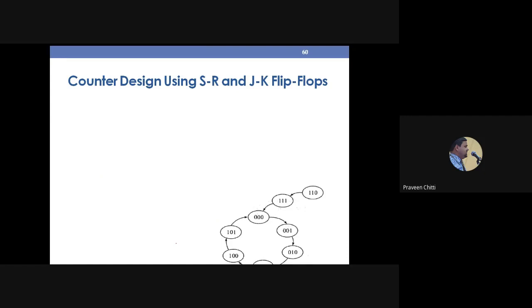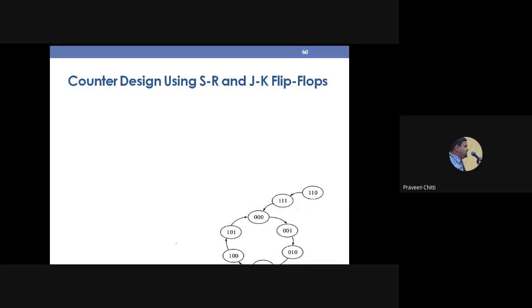Now, if you want to design the same counter, you can see it is again a counter with some states missing. If any missing state occurs, you have to go to the reset state. It is not like the earlier case where we have only the limited states. Here also we have limited states, but if any other state occurs, by default, the next state should be 0.